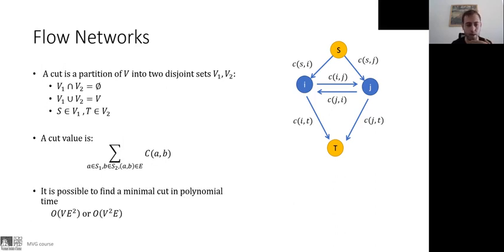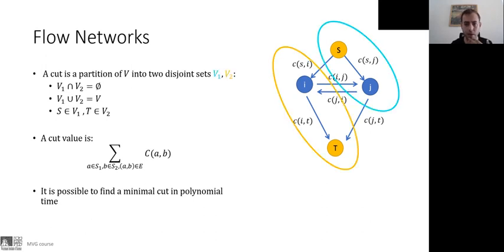It's important to say that it is possible to find a minimal cut in polynomial time complexity. So that's a very brief overview of flow networks, which I believe all of you are very familiar with.